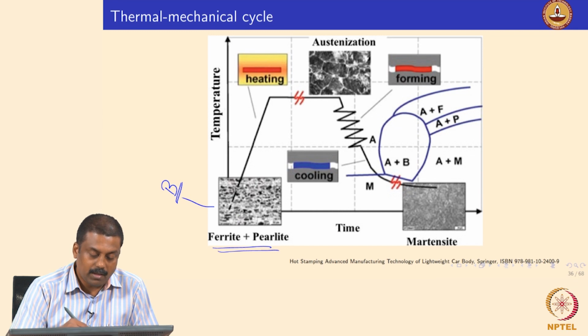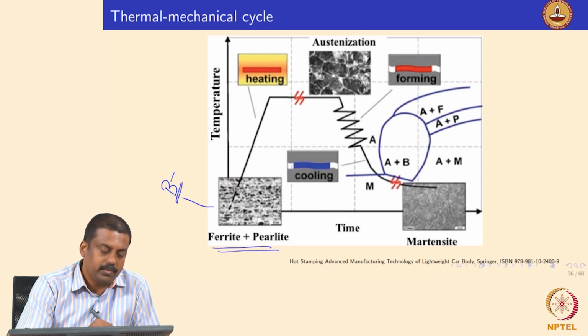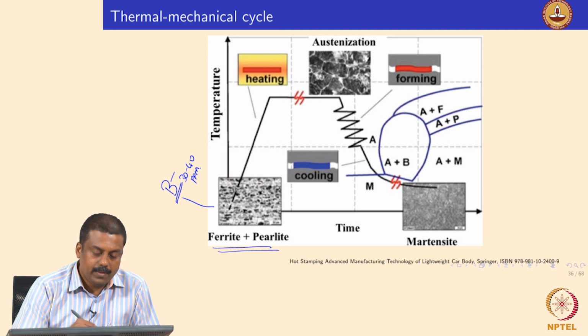So, you start with a ferritic pearlitic microstructure containing some amount of boron as well. It is not more than 30 or 40 ppm. And the other compositions are similar to dual phase steel composition. So, you will have manganese, you will have some silicon and chromium.